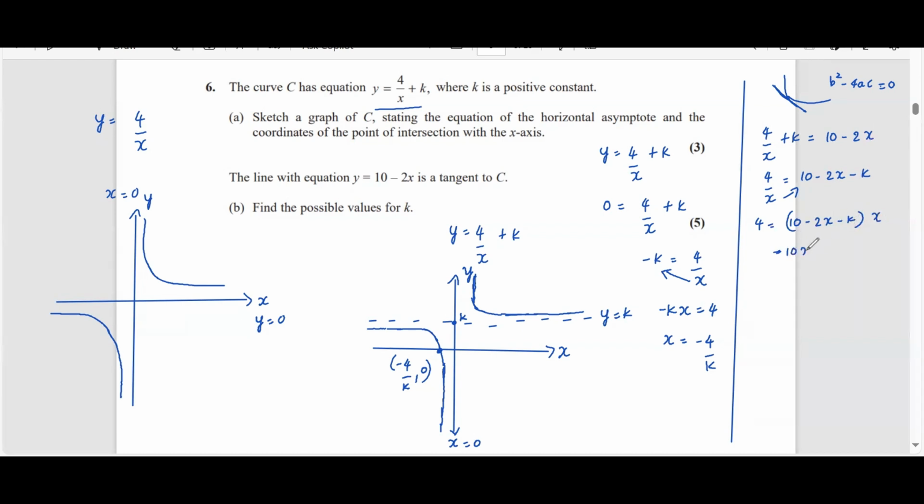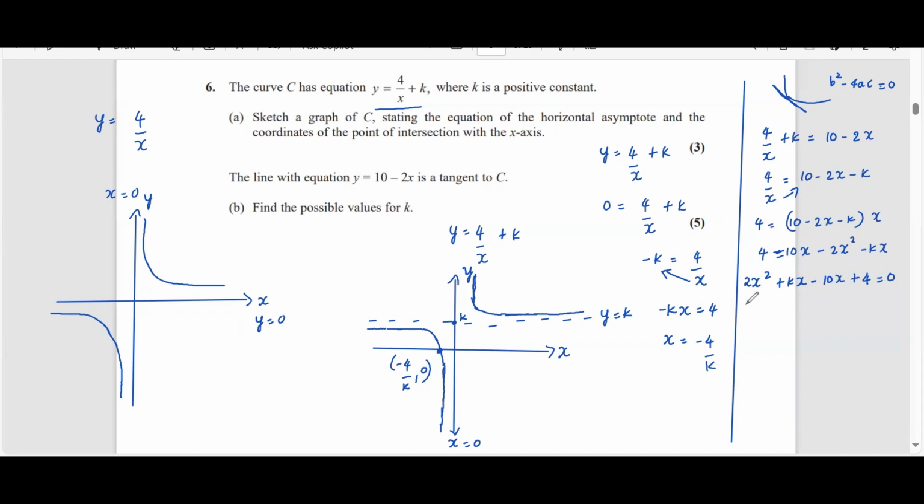So 10 into x is 10x, minus 2x into x is minus 2x square, minus k into x is minus kx, equals 4. Bring all the terms to the left-hand side so that your coefficient of x square is positive. So minus 2x square becomes positive 2x square. Minus kx becomes positive kx. 10x becomes minus 10x. Already there is a positive 4 on the left-hand side.